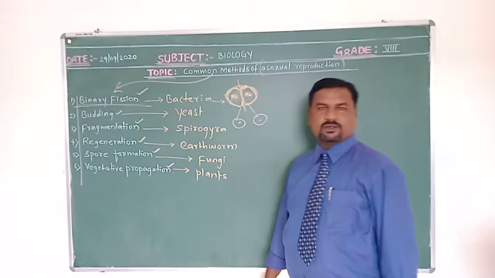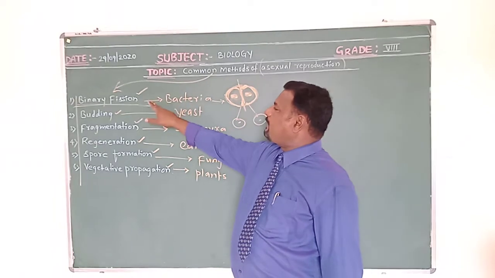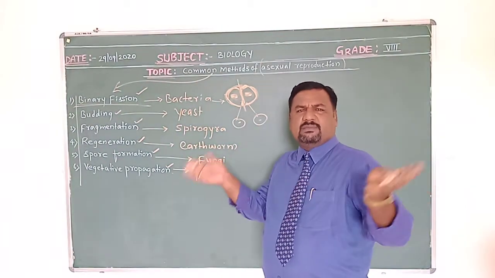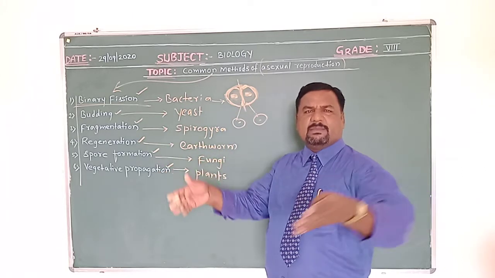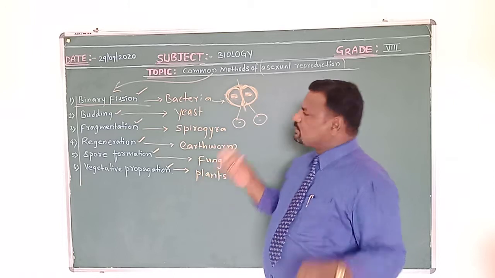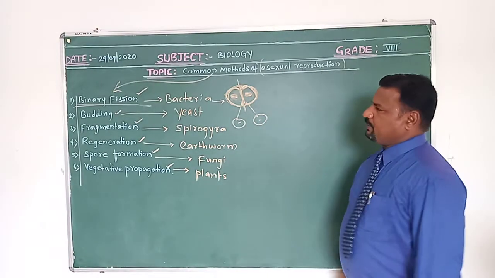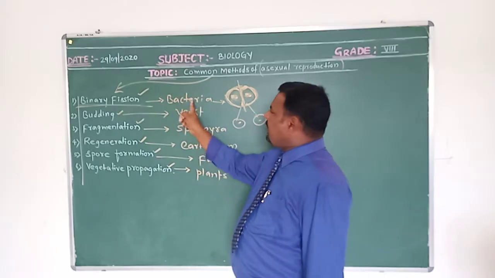For this type of process we call binary fission. This is performed by bacteria. There is no involvement of male organism, female organism, or fusion between male and female gametes. So this type of simple process we call asexual reproduction. So one we discussed, that is binary fission, which is performed by bacteria.